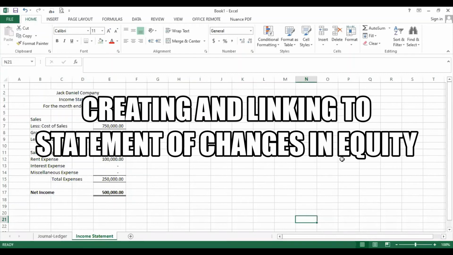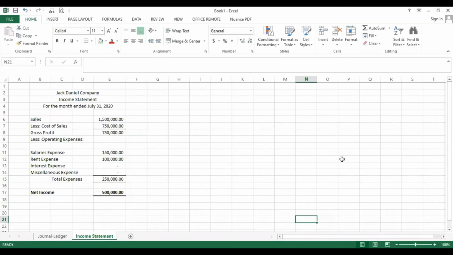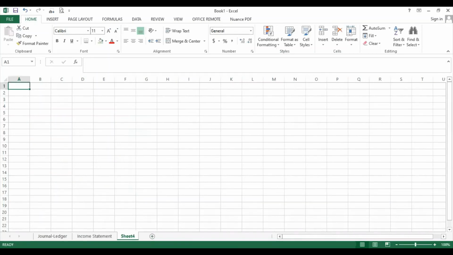After we have created our income statement, we can proceed with our next financial report, which is the statement of changes in equity. So let's create a new sheet. Just click this plus button, then double click this, just name it equity.